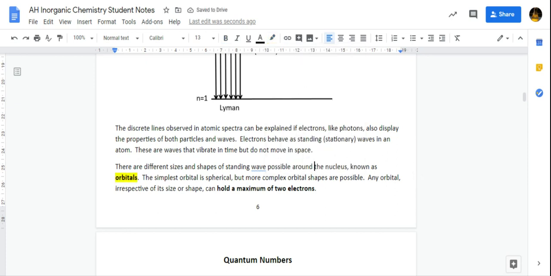The simplest orbital is spherical, but you get more complex orbital shapes as well. It doesn't matter how complex or simple the orbital, it can only ever hold a maximum of 2 electrons. That's a really key point to remember. Each orbital can only hold a maximum of 2 electrons.